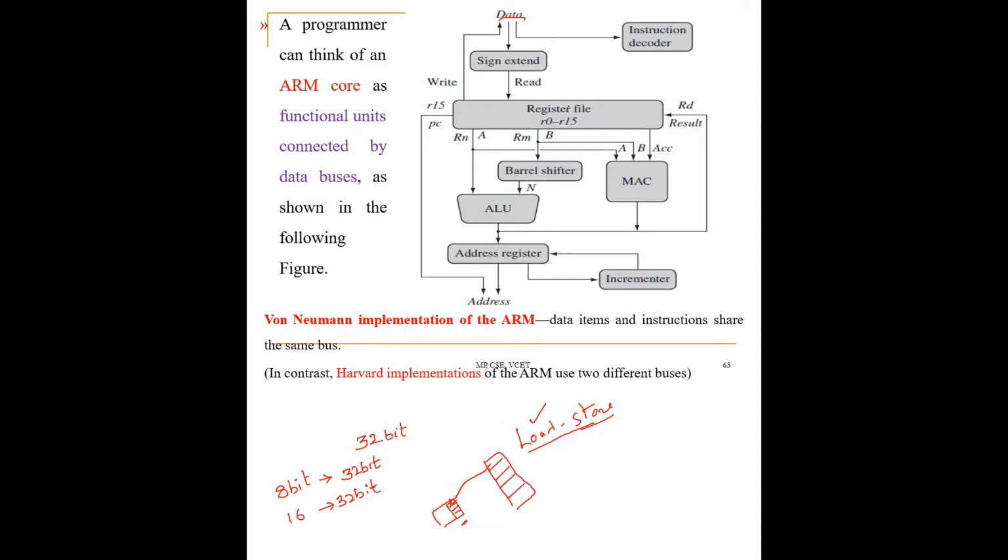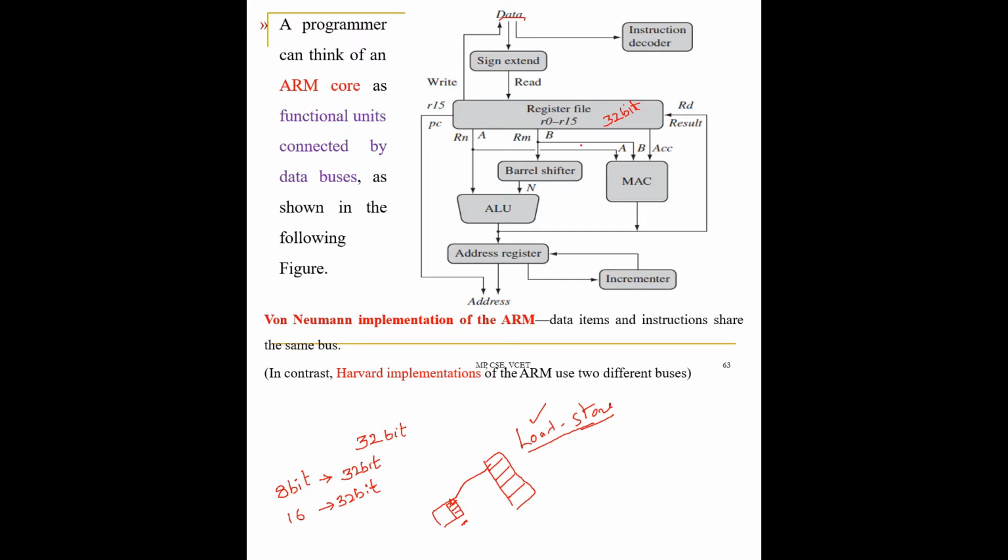Please remember the registers we can see here are also 32-bit in size. It is not 16-bit or 8-bit registers. The registers in which the data is getting stored before the data gets manipulated by the ALU are also 32-bit registers.